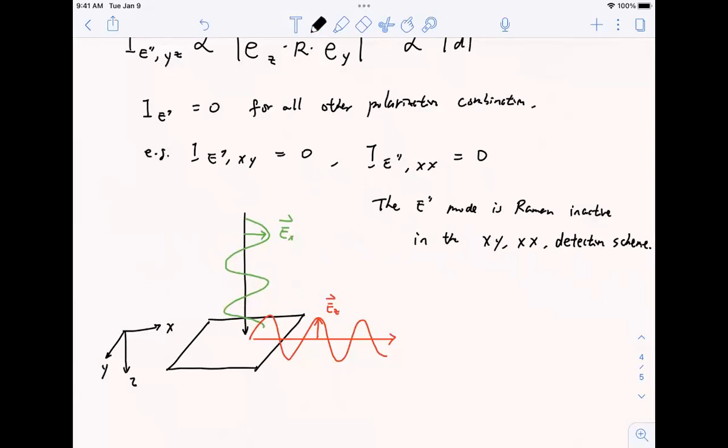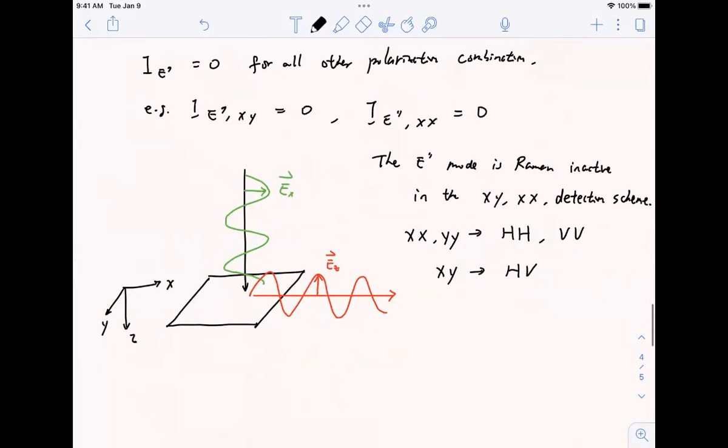For X and X, sometimes people call it horizontal VV, and XY people call it HV, where H means horizontal, V means vertical.